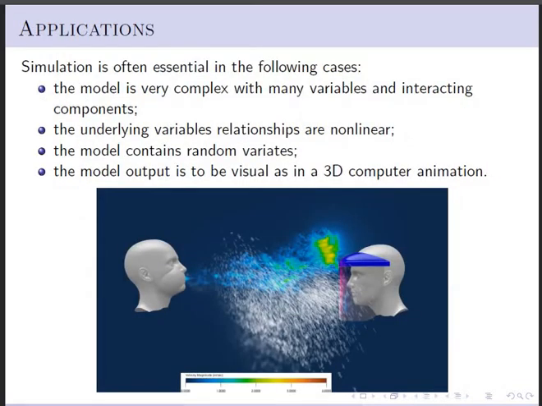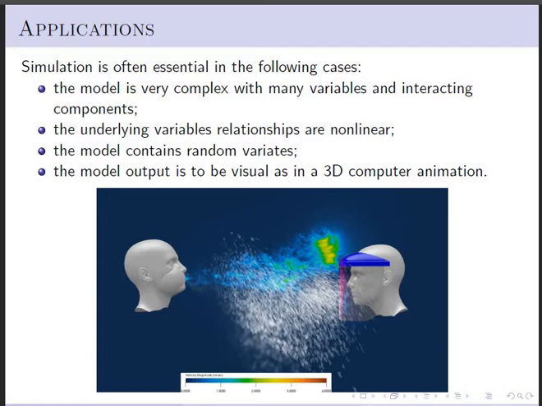Simulation is often essential in the following cases. First, the model is very complex with many variables and interacting components. Secondly, the variable relationships are nonlinear. Thirdly, the model contains random variables. Finally, the output is to be a 3D animation.